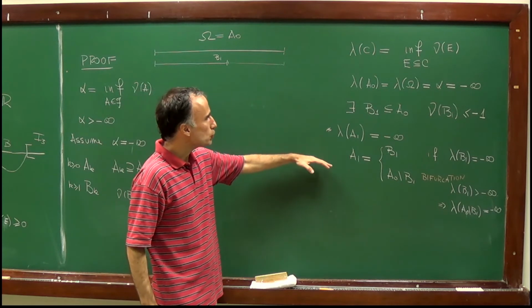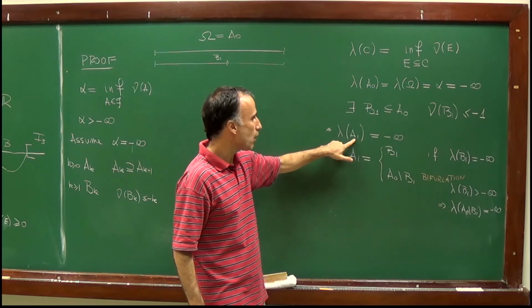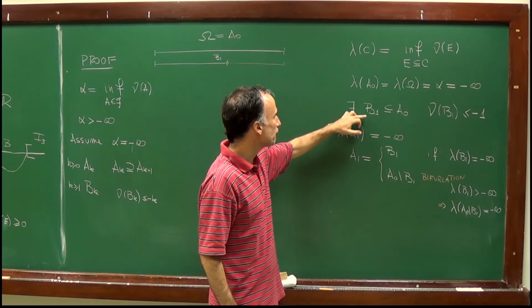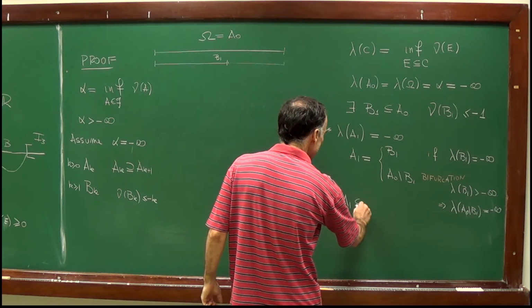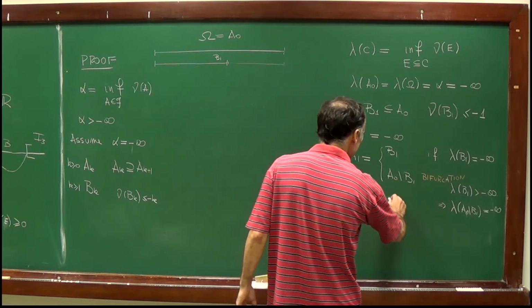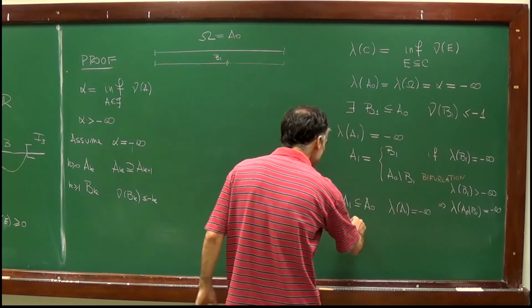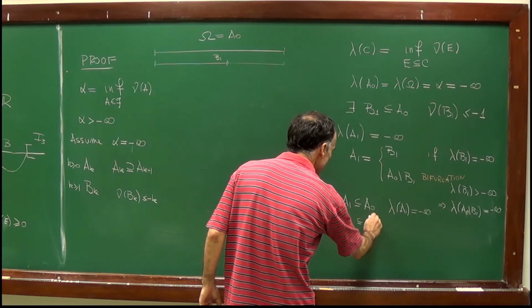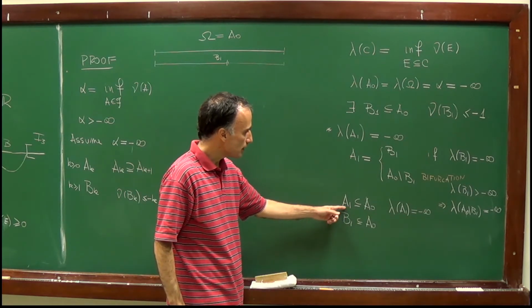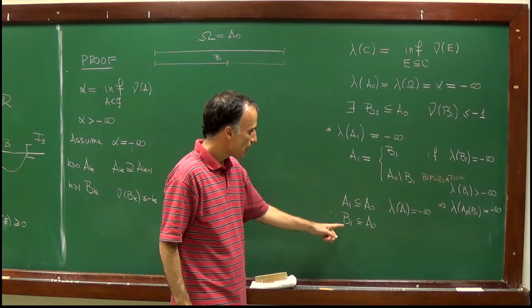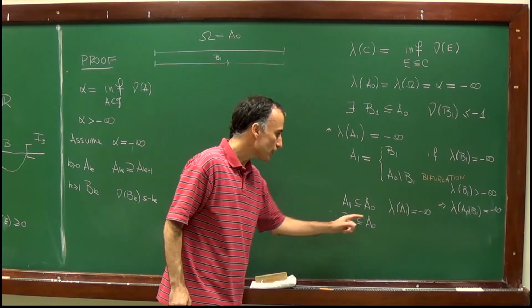And this concludes the first step. So we started with A0, we construct B1 and A1. And what are the properties of B1 and A1? Well, A1 is contained in A0, and lambda of A1 is equal to minus infinity. And B1 is also contained in A0. So you see the sequence of sets A will be decreasing, while the sets B will always be contained in the previous A.